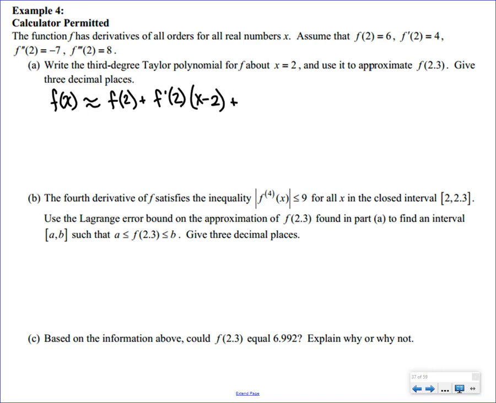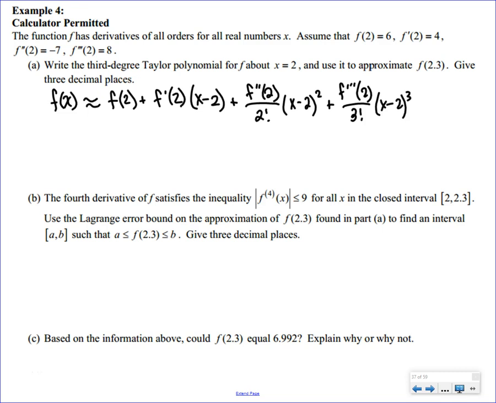Because it's centered about, around, at. It can say it many different ways. The next one's going to be f double prime of 2 all over 2 factorial times the power. When do I know to stop? I have 3 terms. Nope, third degree.